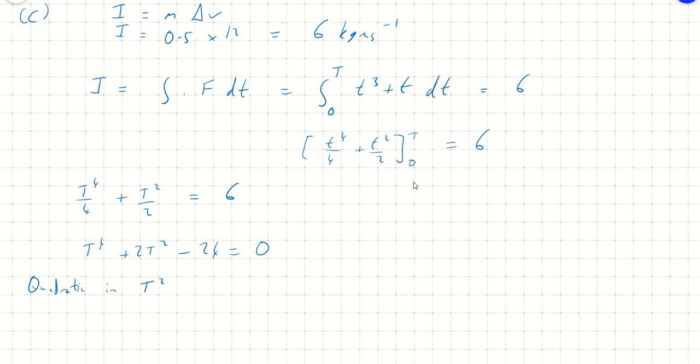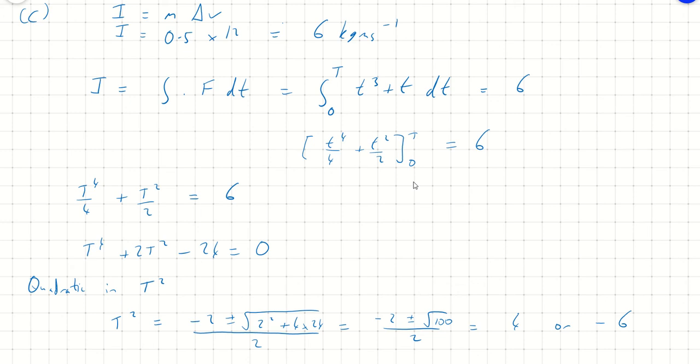So we solve it using the quadratic formula, and we get that T squared equals minus b, so that's minus 2, plus or minus the square root of b squared, 2 squared, minus 4ac, so that's plus 4 times 24, over 2a, so that's over 2. Simplifying this, we get minus 2 plus or minus the square root of 100, over 2. And this gives two solutions. We get either 4 or minus 6.